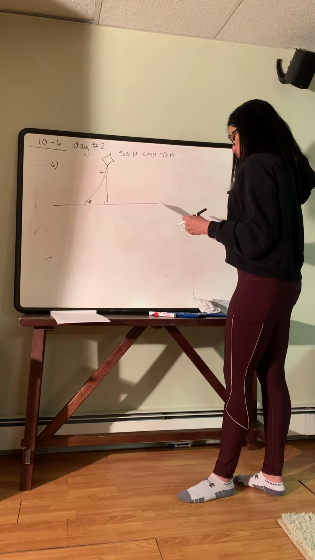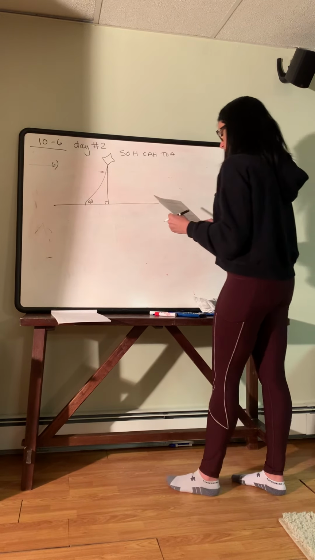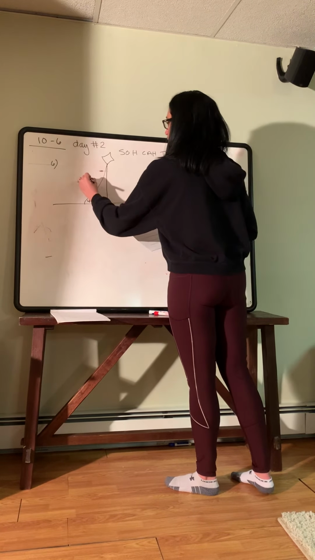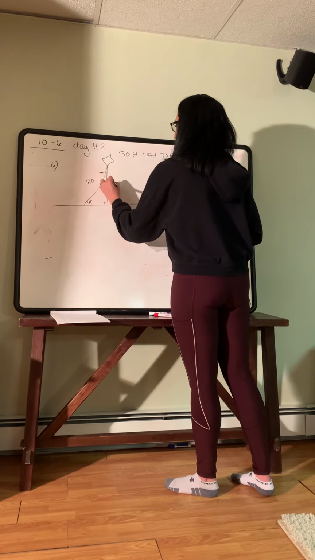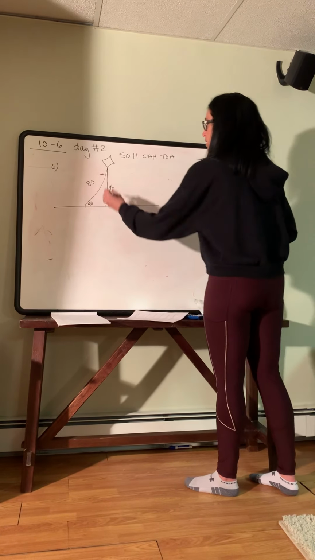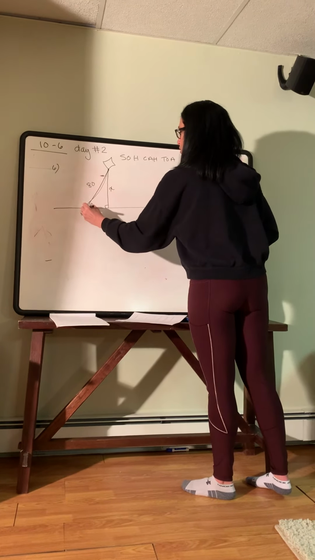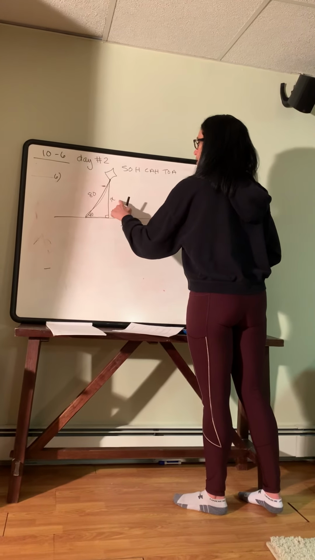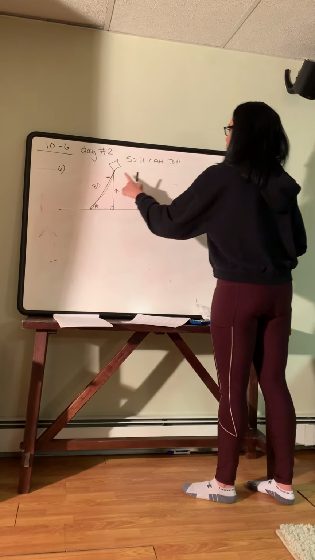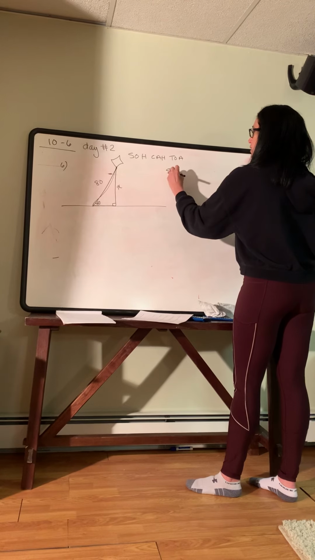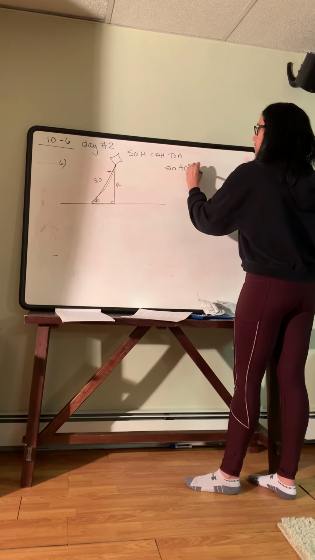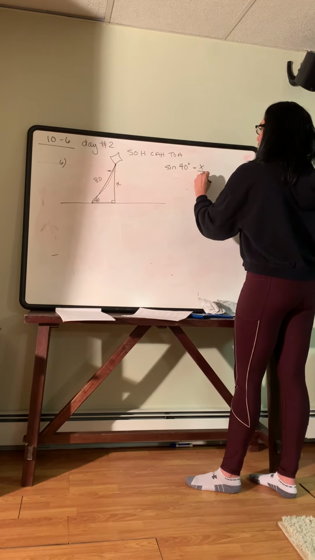All 80 meters of string have been let out. Ignoring the sag in the string, find the height of the kite. So this is 80 meters, and this is your height. So from here, here's your right triangle. From here, we have opposite and we have hypotenuse. So opposite and hypotenuse is again sine. So sine of 40 degrees equals x over 80.